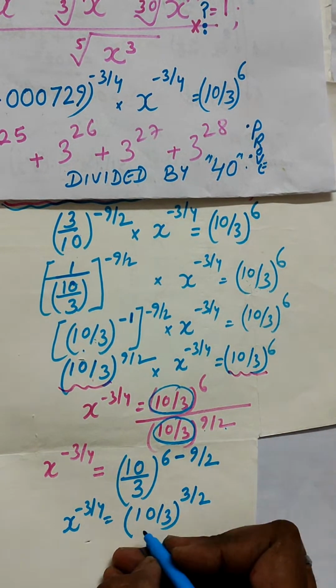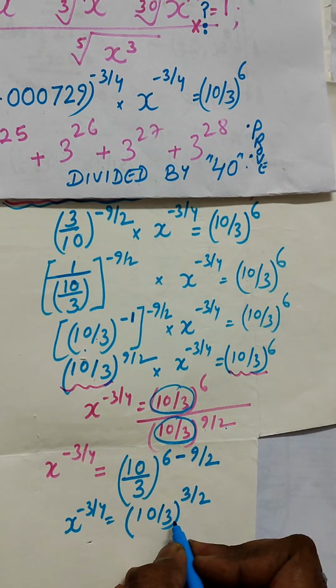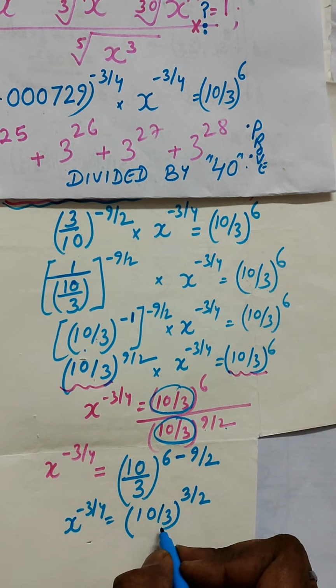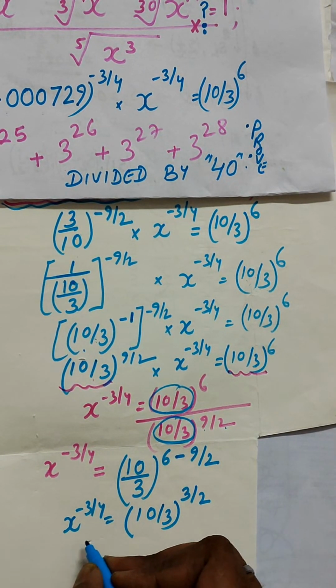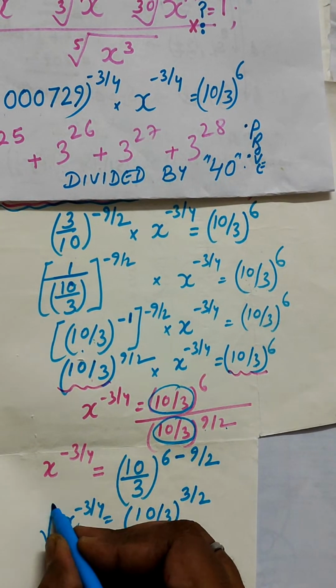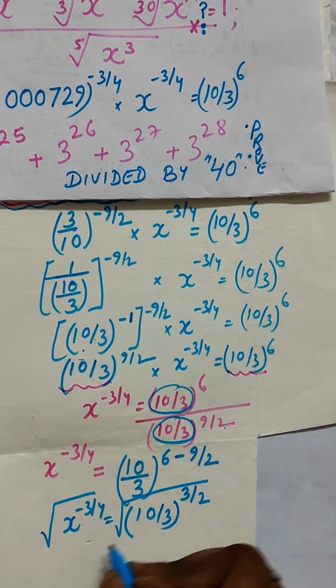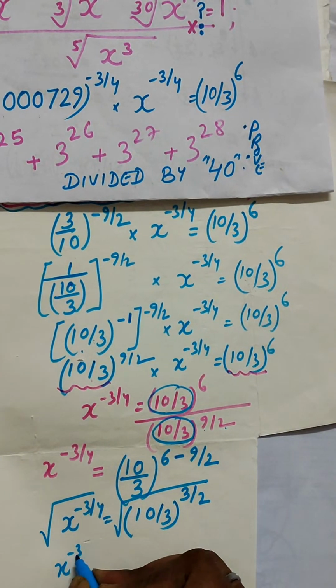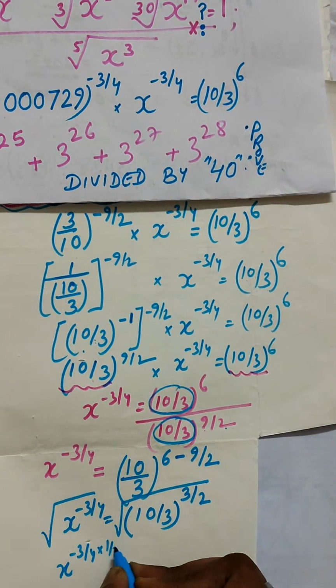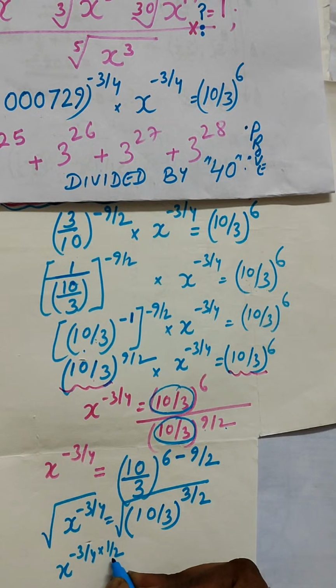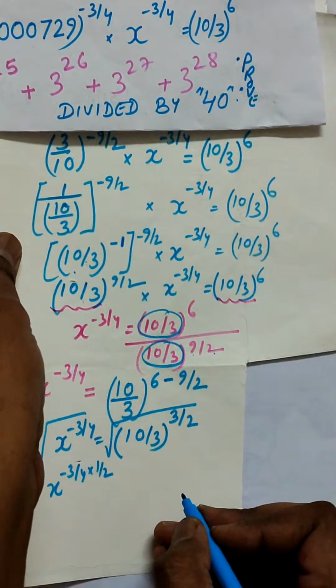When you take root of both these sides, right, what will be there? When you take root in both these sides, you are having x power minus 3 by 4 into 1 by 2. This is for the root 1 by 2, right?